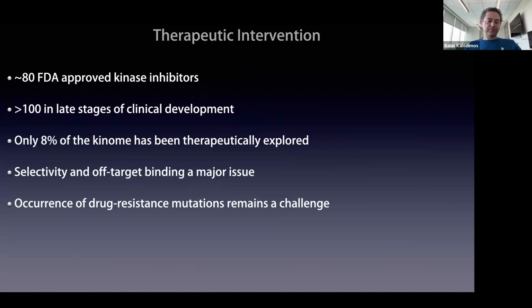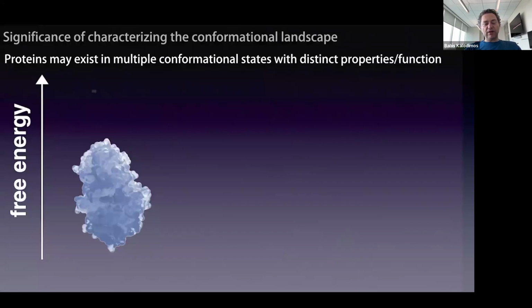And something else that unfortunately occurs often is that patients treated with kinase inhibitors, at some point, are likely to develop drug resistance mutations. All right, so now let me first explain what we really mean by conformational landscape here.